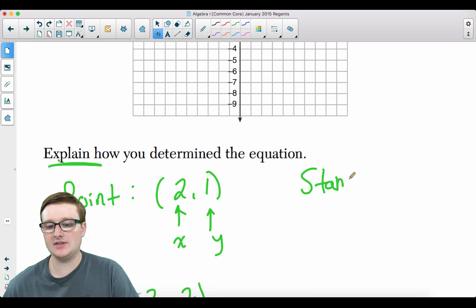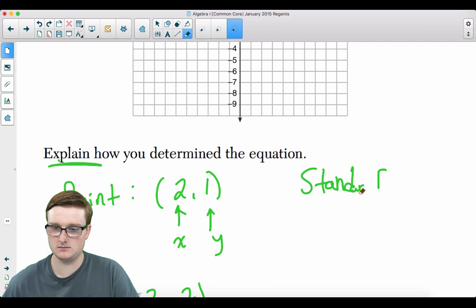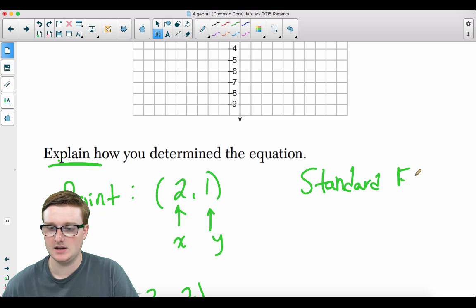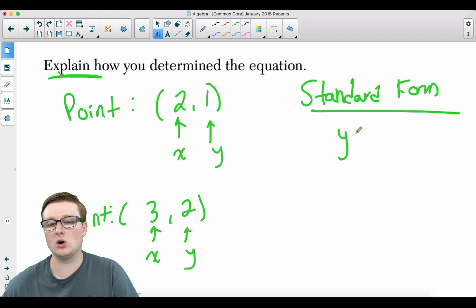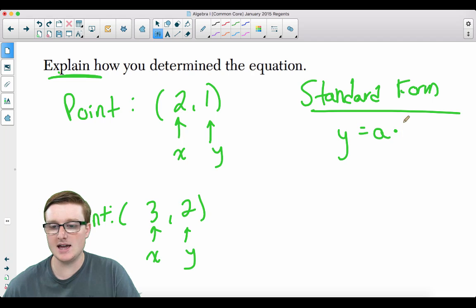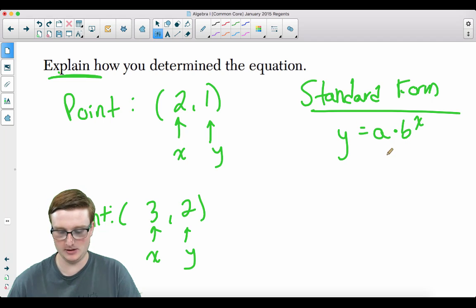Also you should know that the standard form of an exponential equation is y equals a times b raised to the x power.